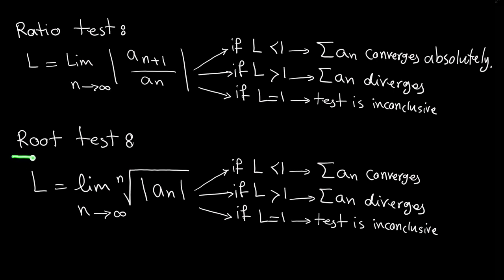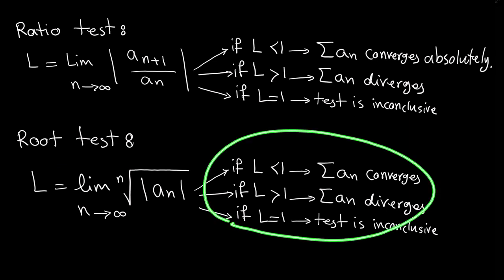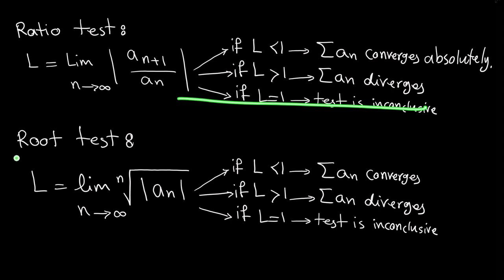Another test is the root test. The condition is pretty similar to the ratio test, but for the root test, we evaluate the limit of the nth root of the absolute value of a_n. Again, we are evaluating the absolute value of a_n.